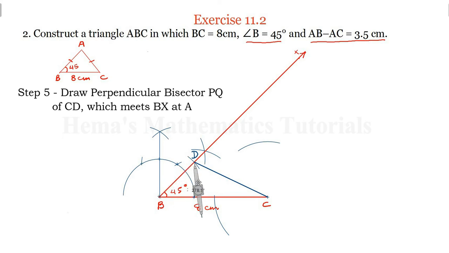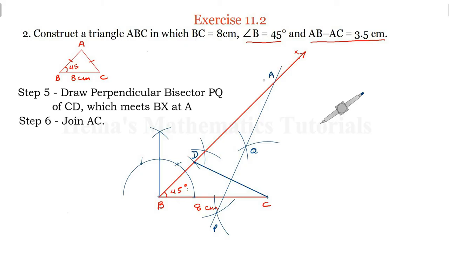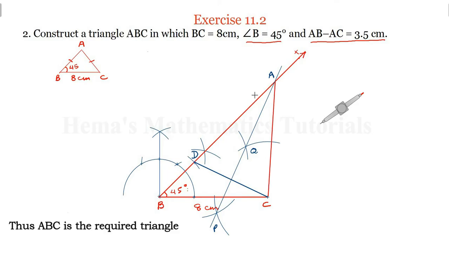So let us draw the perpendicular bisector of CD. Let PQ be the perpendicular bisector which cuts ray BX at point A. So this is the third vertex of the triangle. Join AC to complete the required triangle.